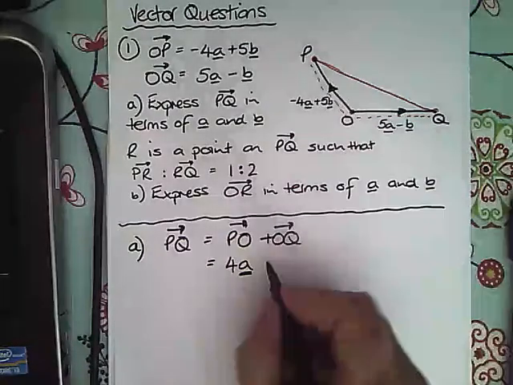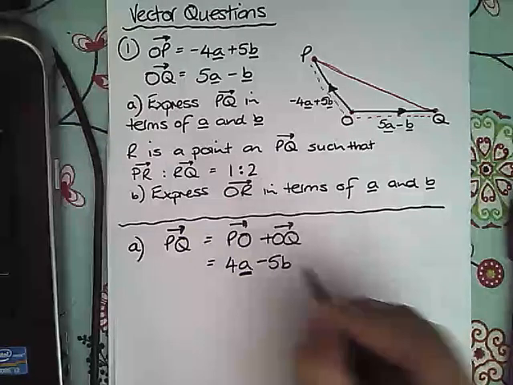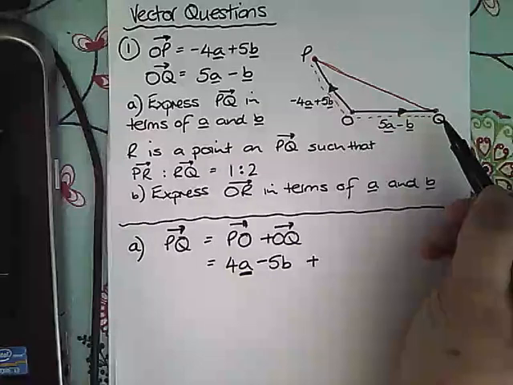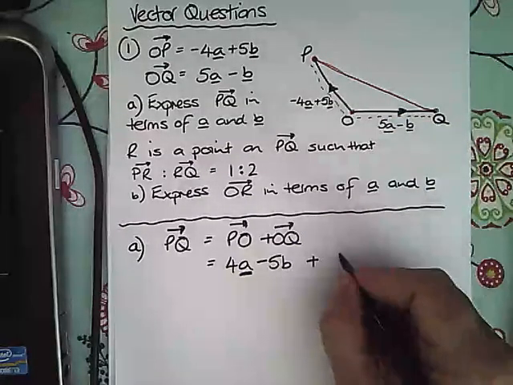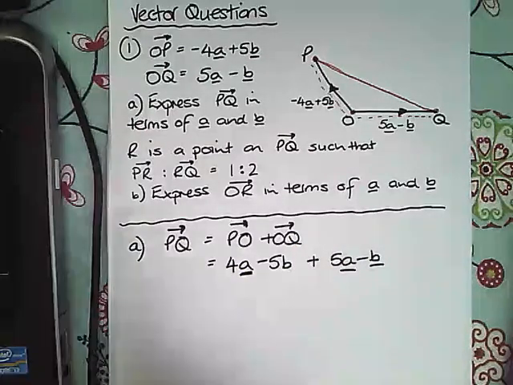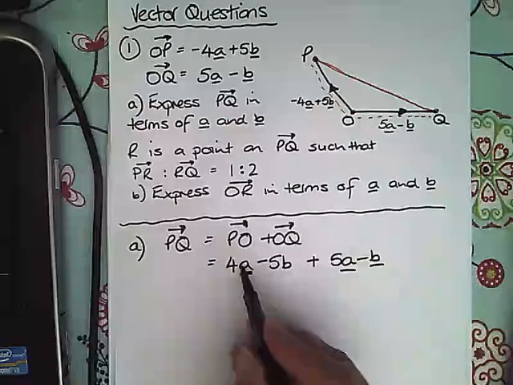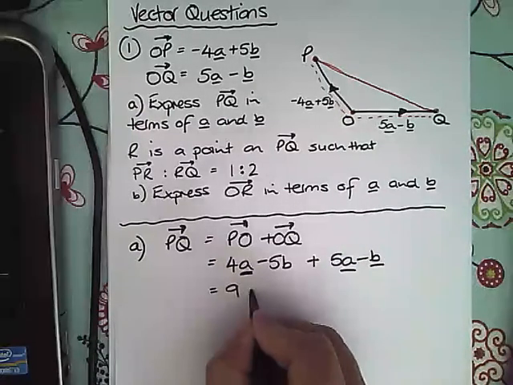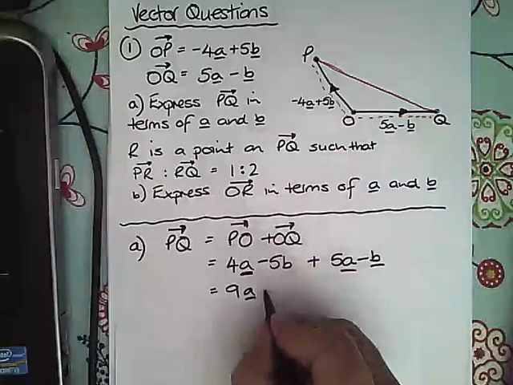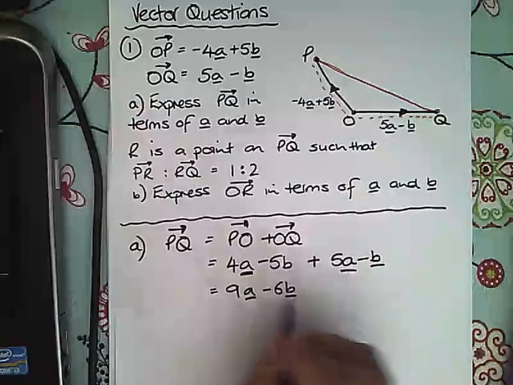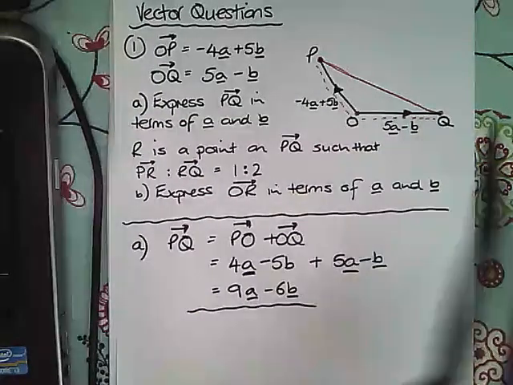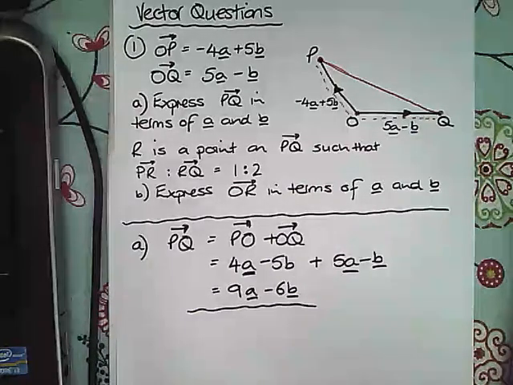And the 5b changes into a -5b. And then I'm adding OQ, and I'm going the correct way along OQ, so that's just a straightforward 5a minus b. Tidying this up, I've got 4a plus 5a, which is 9a, and minus 5b, take away another b, which would be minus 6b altogether. So that is the vector PQ written in terms of A and B.